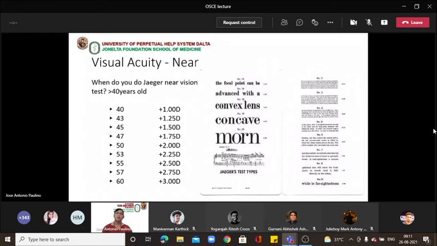The adjacent column is a grade. So +1, +1.25, +1.50. Those correspond to the grades of the reading glasses we usually give to patients based on their age.